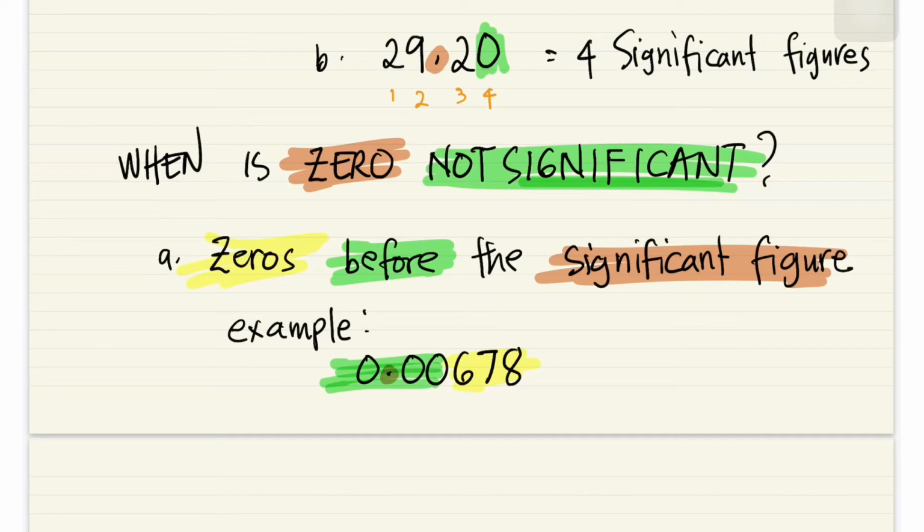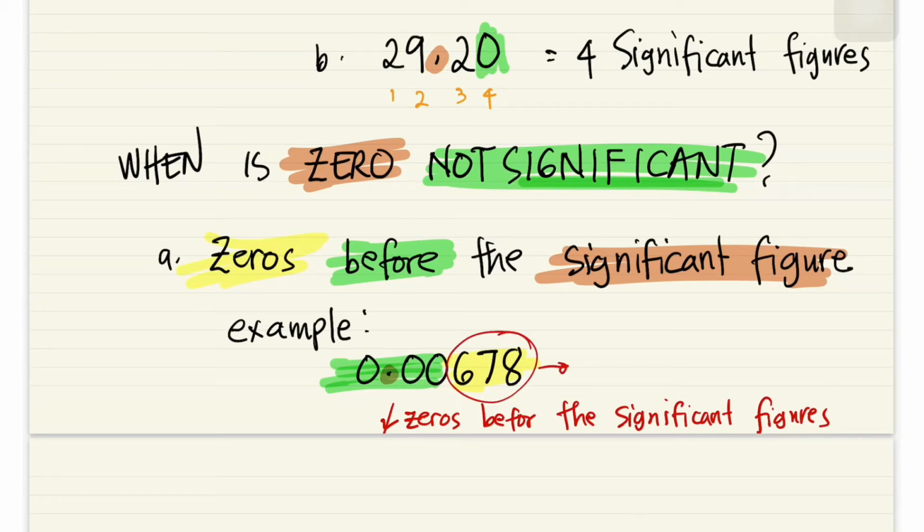These are zeros before the significant figures, because this one here is significant.